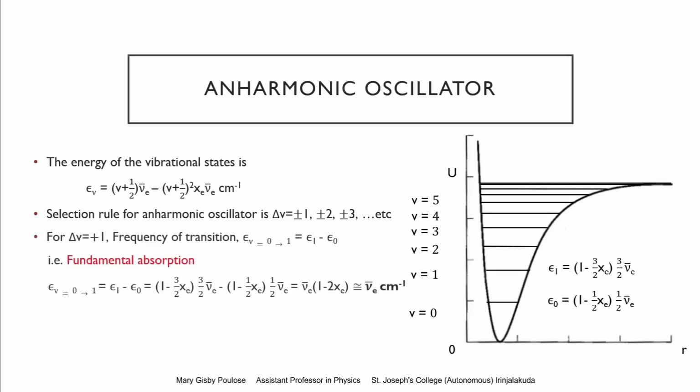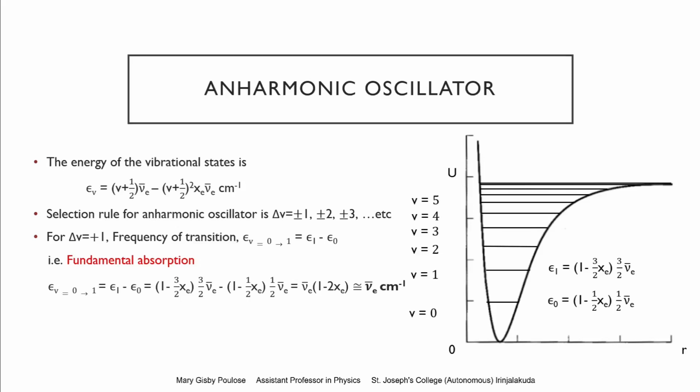So for delta V is equal to plus 1, we get the frequency of transition eta V is equal to 0 to 1. That is eta 1 minus eta 0. This is called the fundamental absorption line, and that is equal to 1 minus 3 by 2 Xe into 3 by 2 nu E minus 1 minus half Xe into half nu E bar.